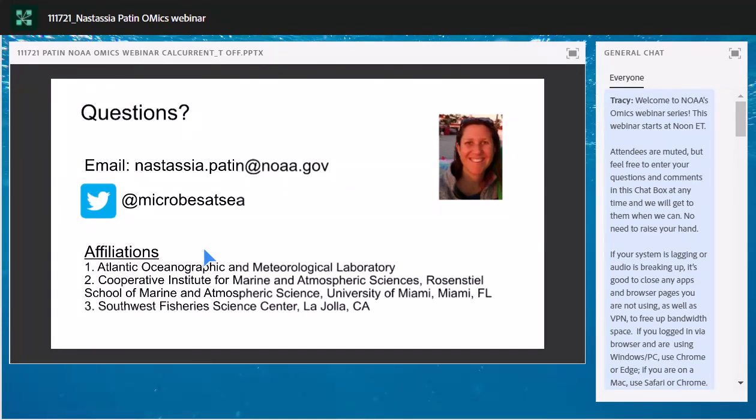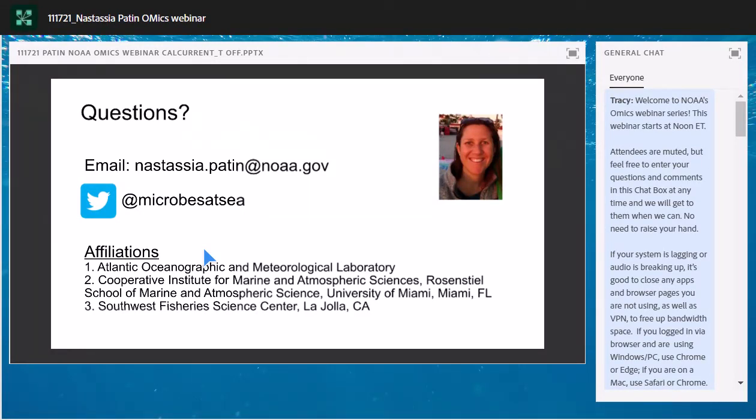Yeah, so we largely use Illumina sequencing for both the marker gene metabarcoding sequencing as well as the metagenomics. And we typically send out our samples to either university core facilities or other big sequencing centers. There are labs that have their own sequencing instruments. I know the Southwest Fisheries has I think a MiSeq that they run in-house, and so you can definitely do that.